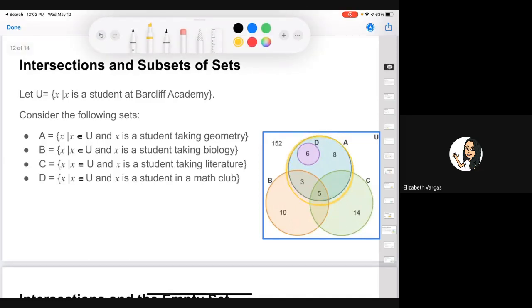So I want to identify what number would represent my subset A. Well, A is this entire blue diagram right there. So that means I would include every number that's in A. 6, 8, 3, 5. And so 6, 8, 3, and 5. All those would represent my elements of A.